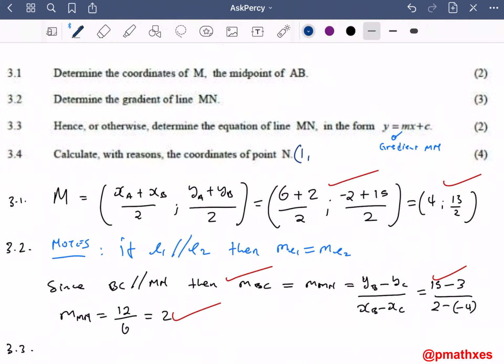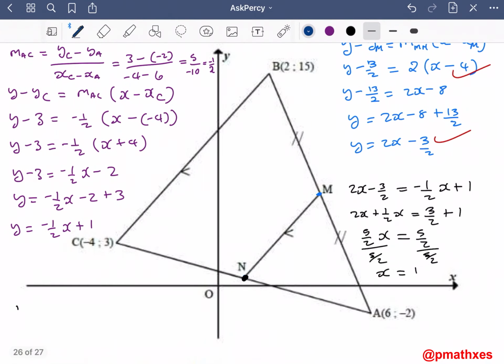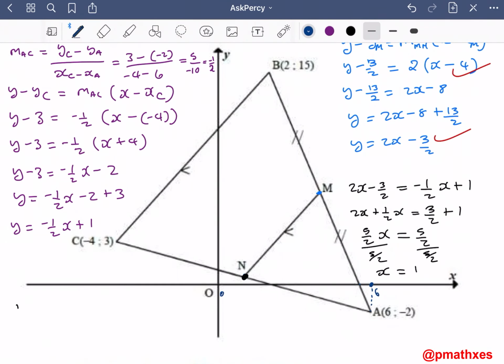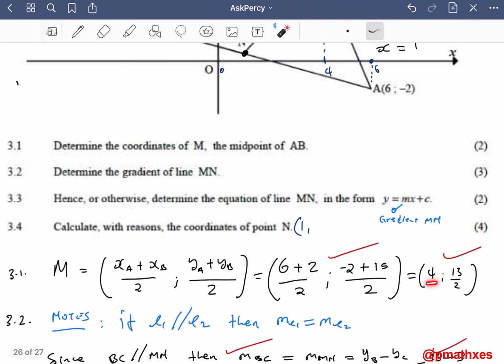Did we expect it to be 1? I think we do, because when you look at this in general, this is 6 and this is 0. What about this point here? This point here is 4. Remember, the x value of m is 4.